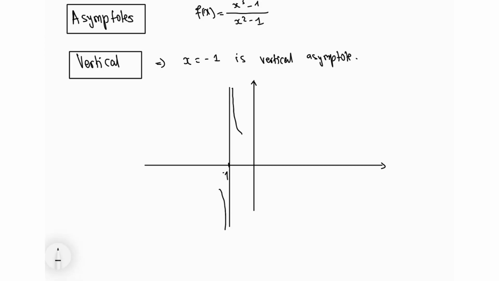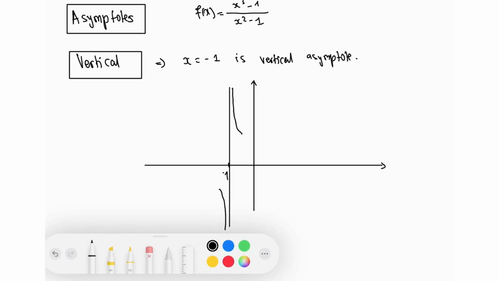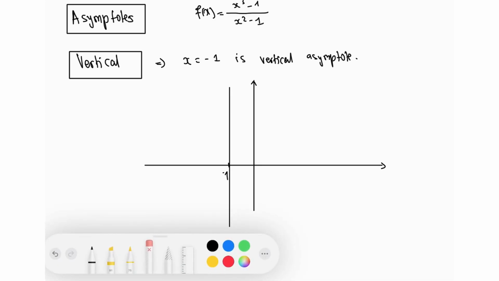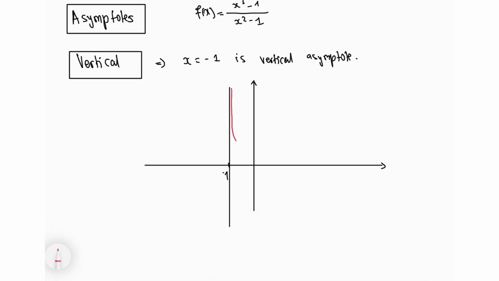So this is how the graph will look. I will just use another color. So this is how the graph is going to look, and this vertical asymptote helps us.